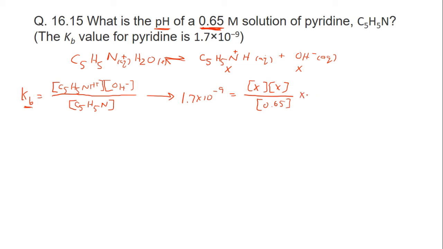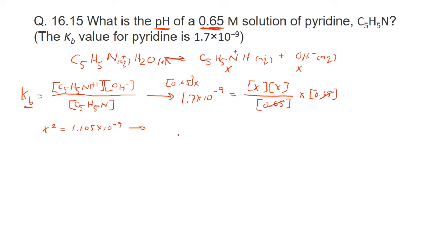So we can multiply both sides by 0.65, and it's going to cancel out on this side, and we're going to multiply these two together to get x squared. So x squared equals 1.105 times 10 to the negative 9.